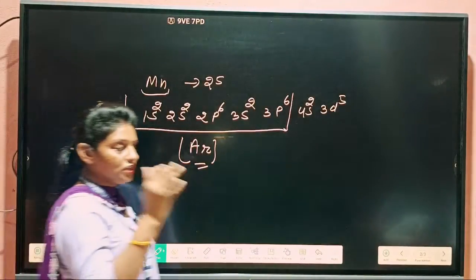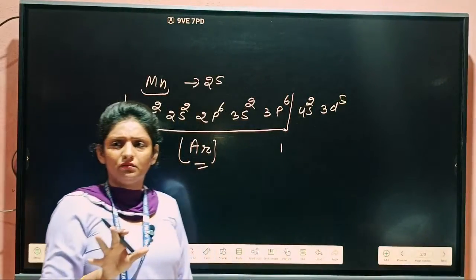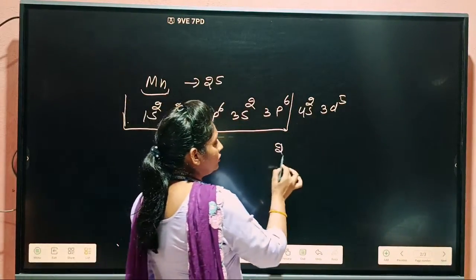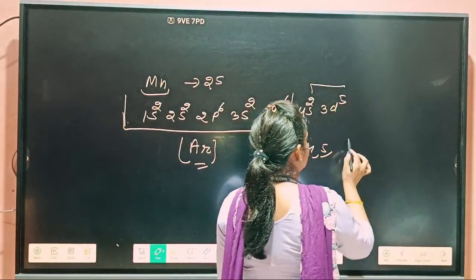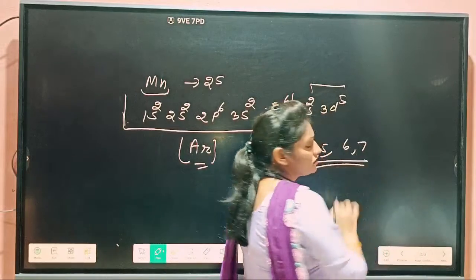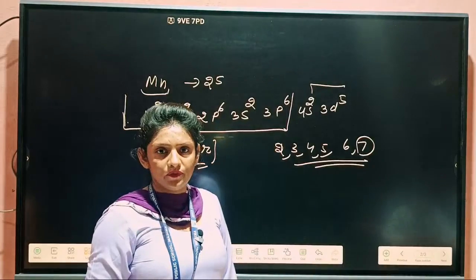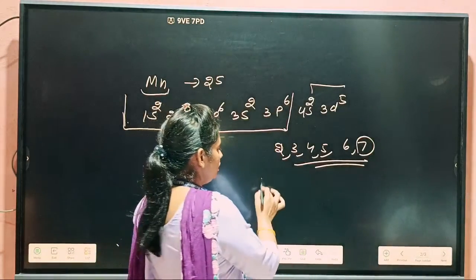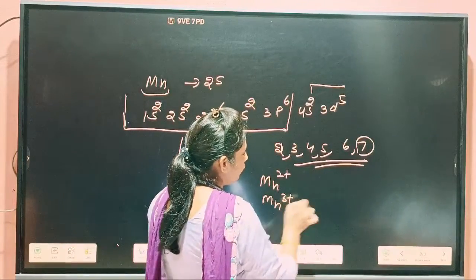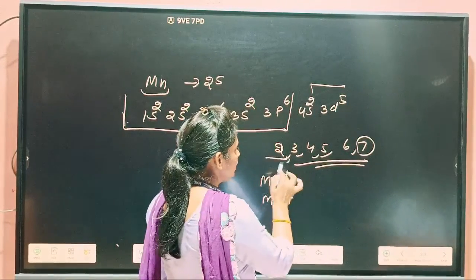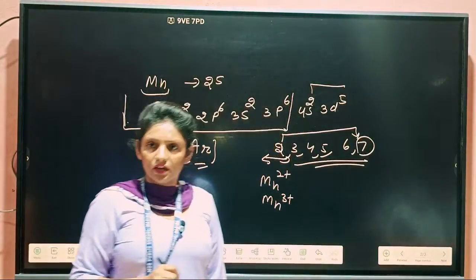So it can attain a maximum of 7 oxidation state here. In these, it can exist as Mn2 plus, Mn3 plus also, 4 also. Means its oxidation state may vary from 2 to 7. Clear or not?